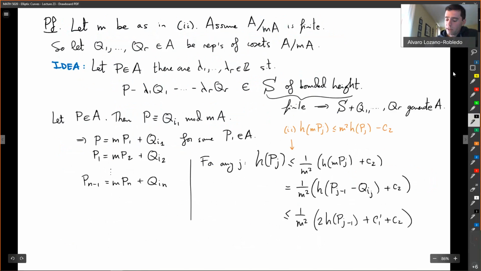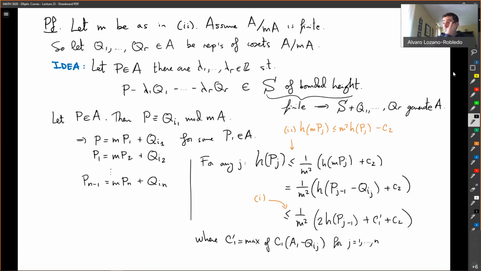Here I'm using property 1, and c1 prime, the constant that I pulled out, is going to be the max of the constant c1 that appears in property 1 for a and minus qij for j 1 through n. So in property 1, that constant depends on which q you are adding to p.